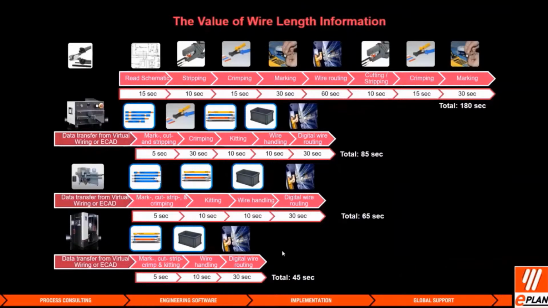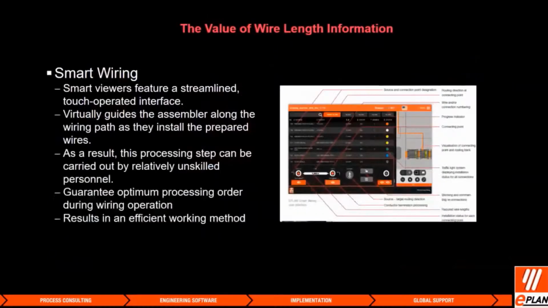But if we really go to a truly automated solution, like the wire terminal machine, we're bringing that time down to 45 seconds. And that means landing a wire every 45 seconds at the wire station. Let's take a look at what we do with that wire. As you'll see in the video, the wire is produced exactly in the sequence that ePlan told us to produce it in.